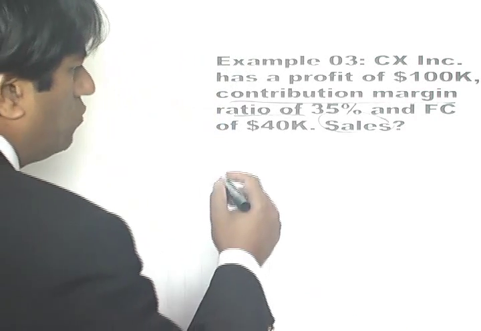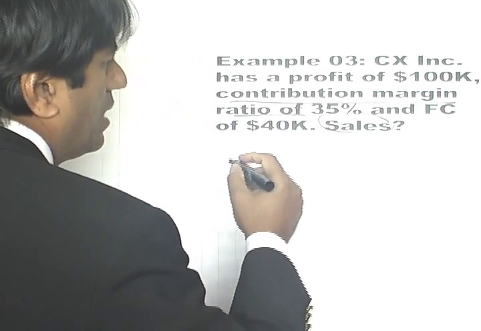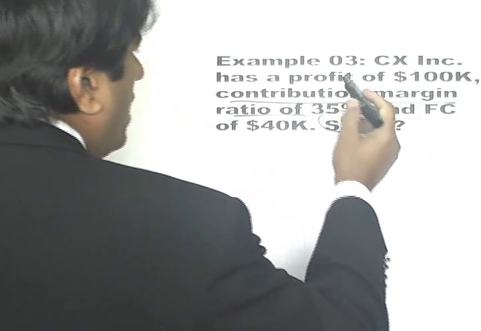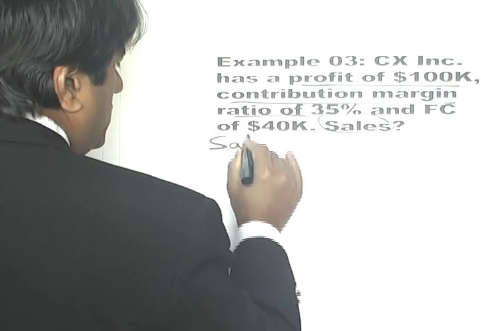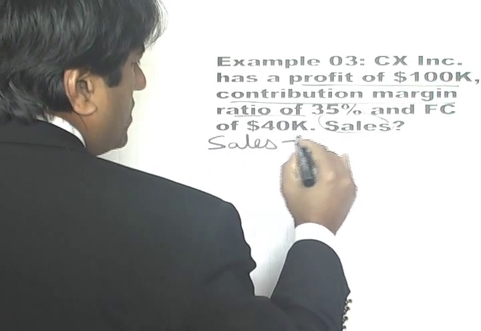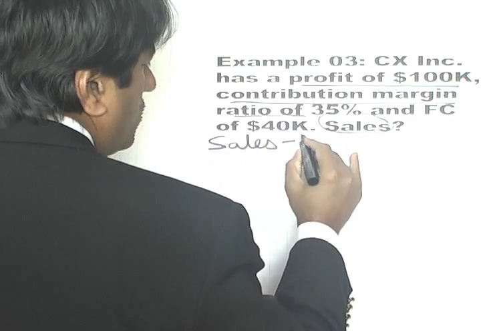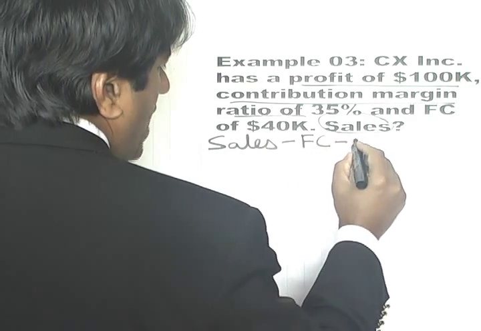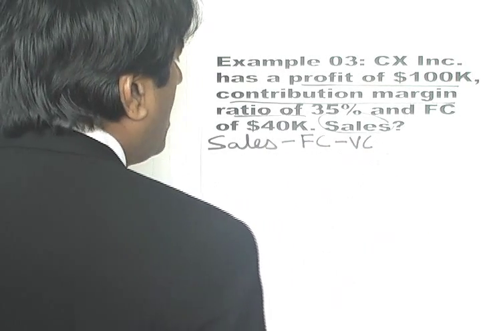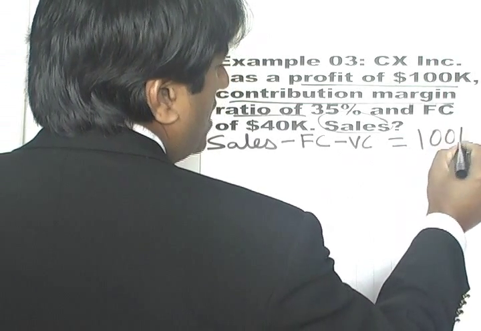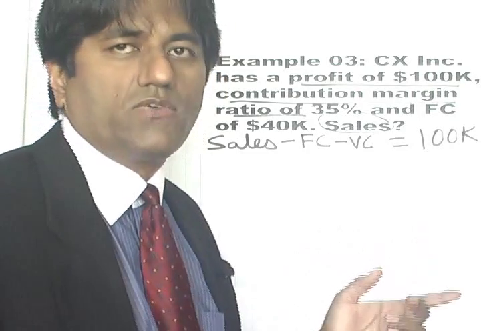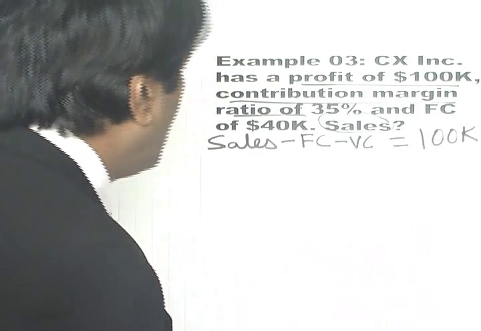Now, what we do know is that profit is sales minus costs, and costs are fixed costs and variable costs, and that we are told is 100K, where K again stands for 1,000, kilo.